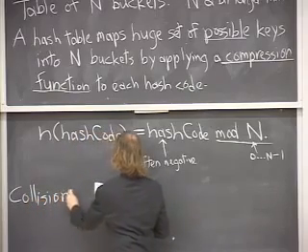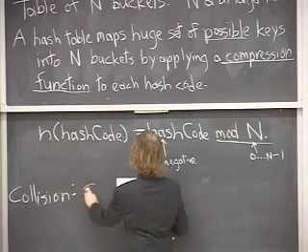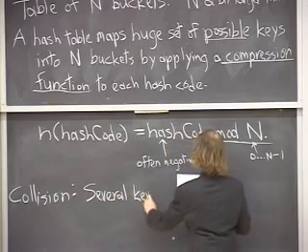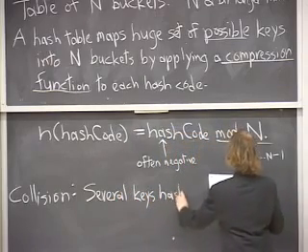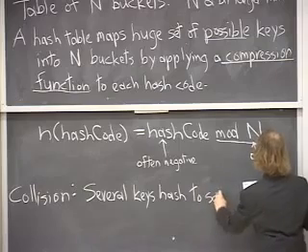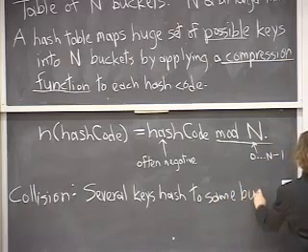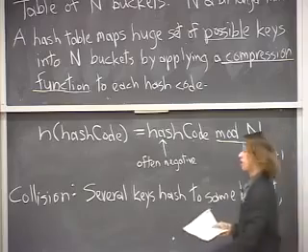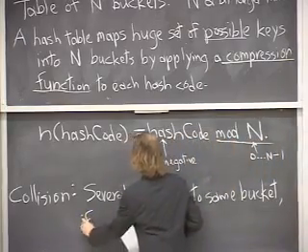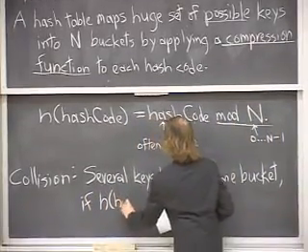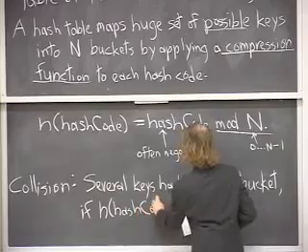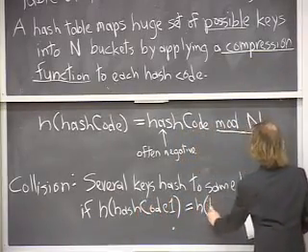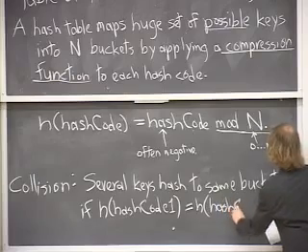A collision is the circumstance where several keys hash to the same bucket. This happens if the compressed version of one hash code is equal to the compressed version of some other object's hash code.